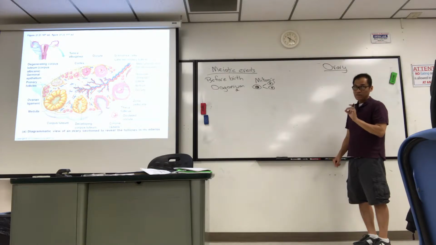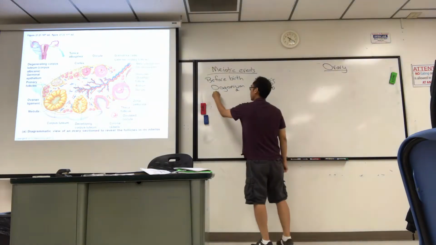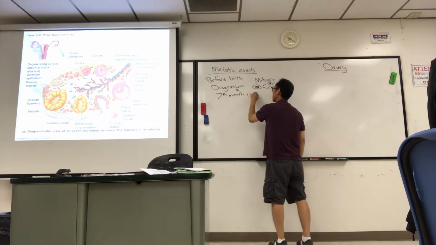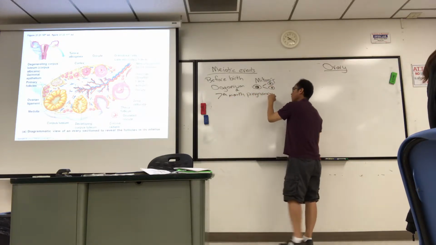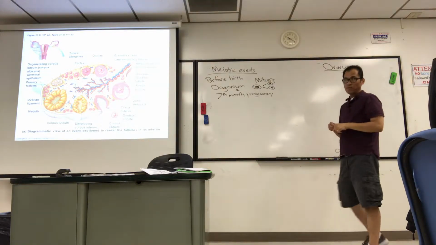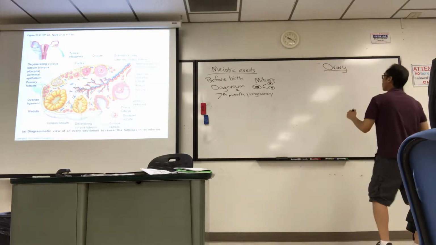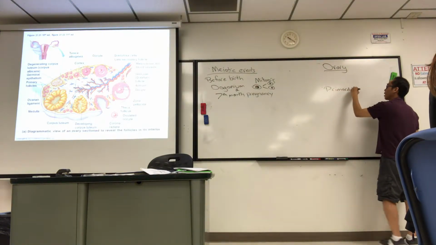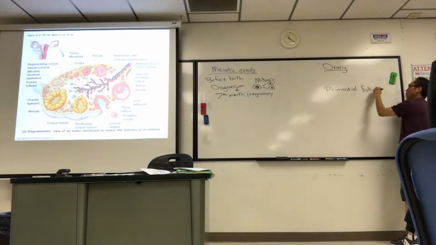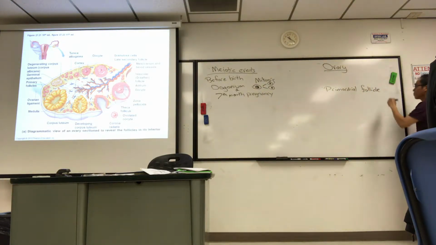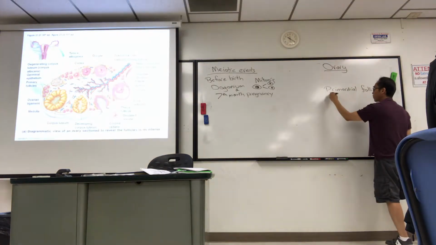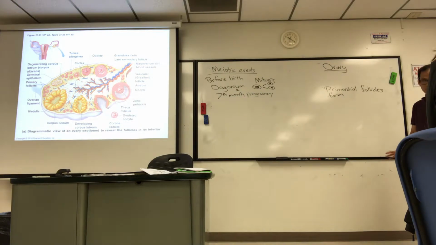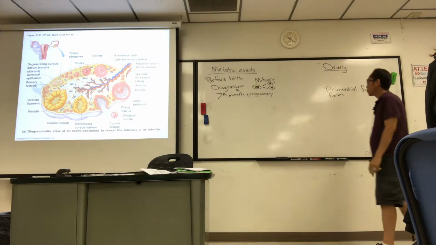And I said that at 7th month of pregnancy, you get the formation of a primordial follicle. Primordial follicles form. I described the structure of that already; you can go back and review that if you need to.